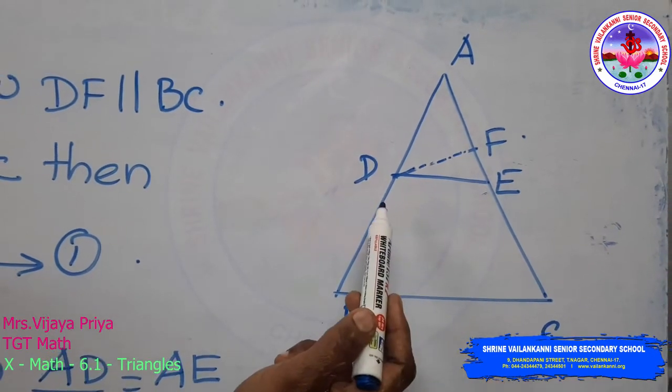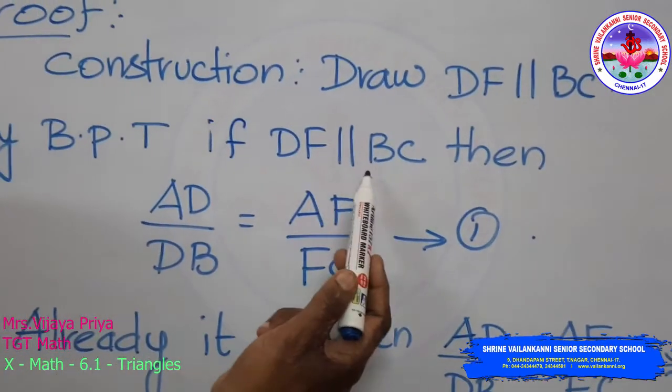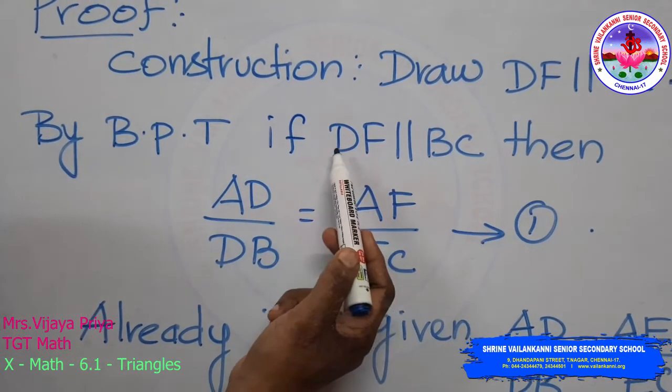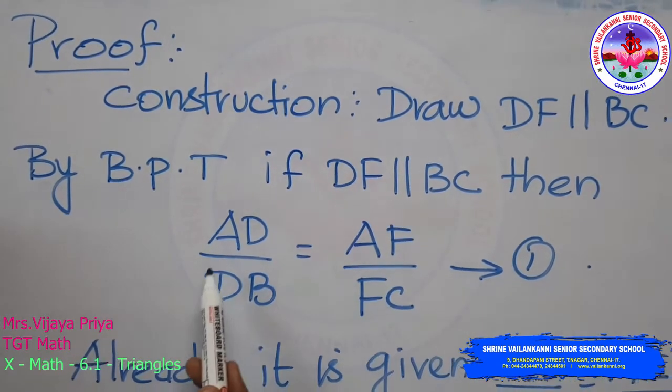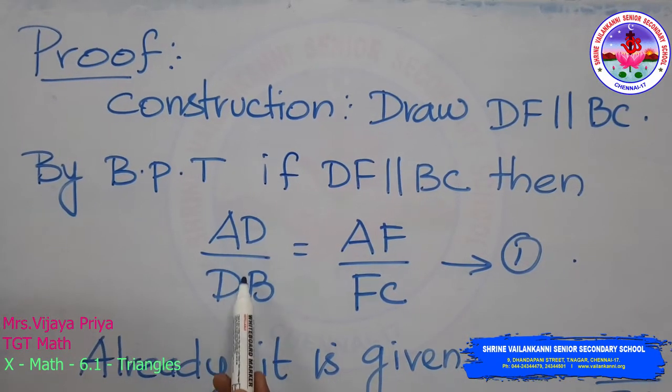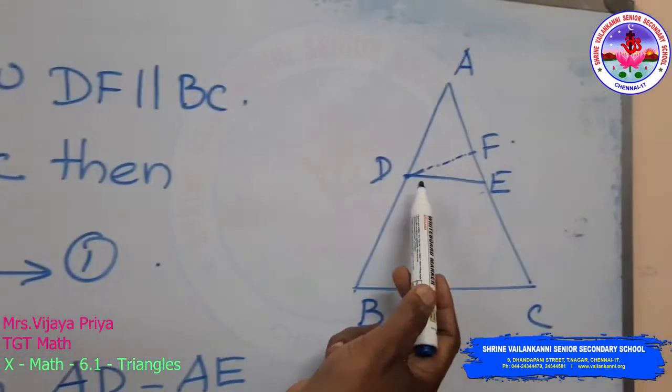So I am going to use the basic proportionality theorem. If a line is drawn parallel to BC, then the points D and F divide the sides AB and AC into equal ratios. So I got AD by DB is equal to AF by FC. Now I will show this in the figure.